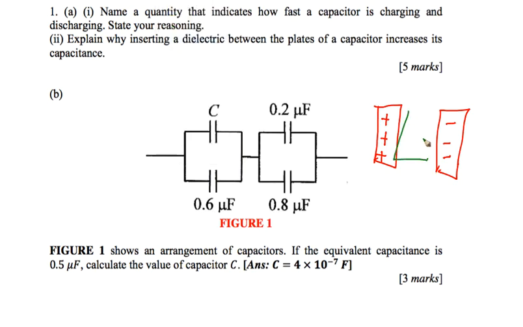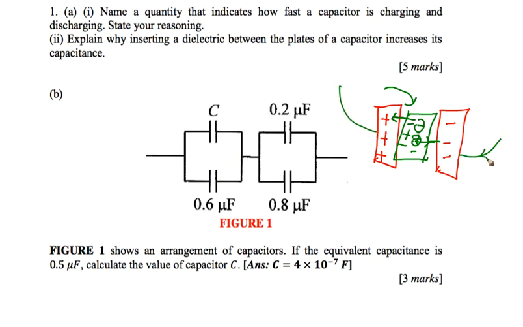The dielectric material still has positive and negative charges, and because the plate is negative, the charge is polarized towards the positive plate, and the other side towards the negative plate, right?